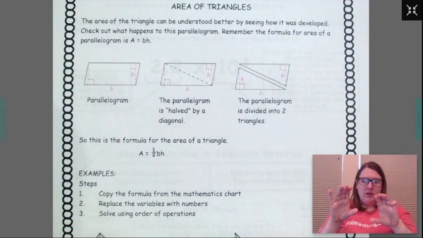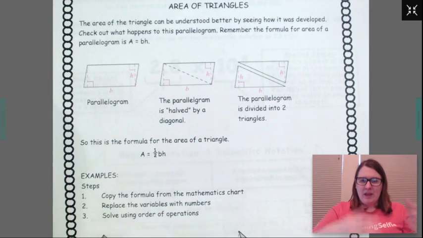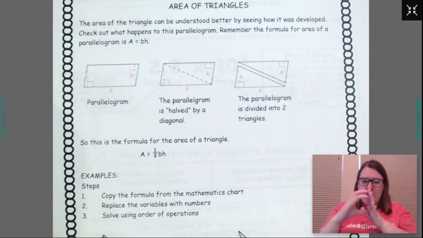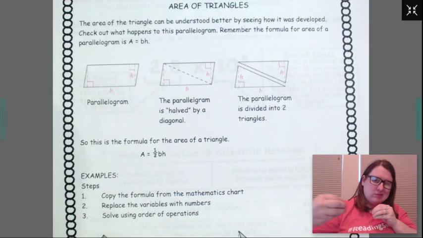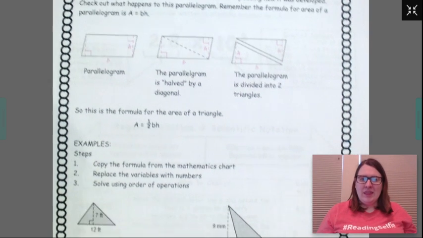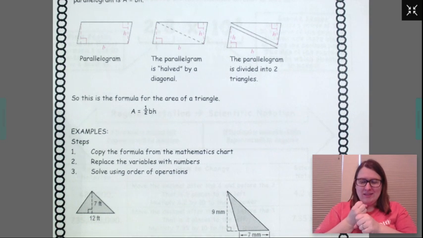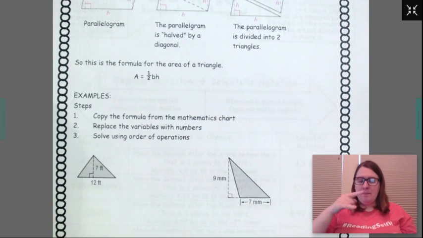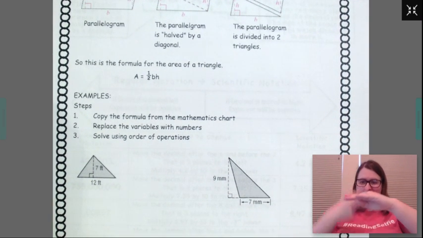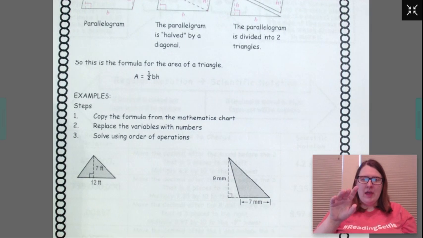Two parts. My third picture, I've actually taken those two parts and pulled them apart. That's how we get the formula for a triangle, because a triangle is half of a parallelogram.